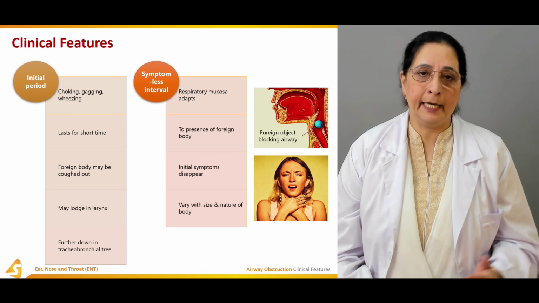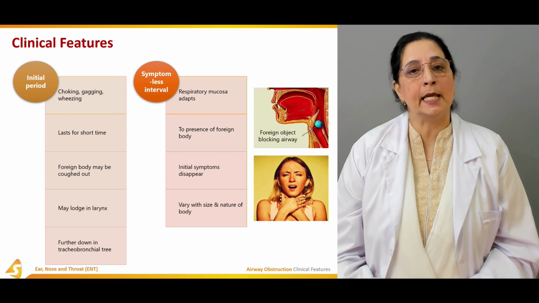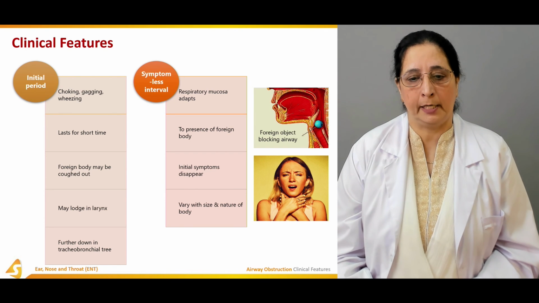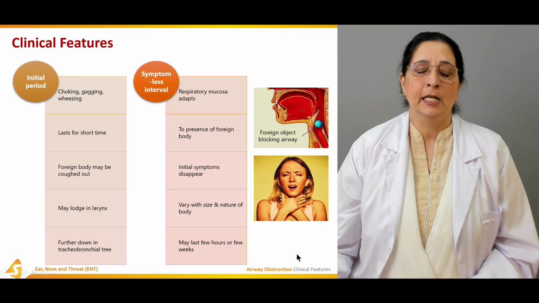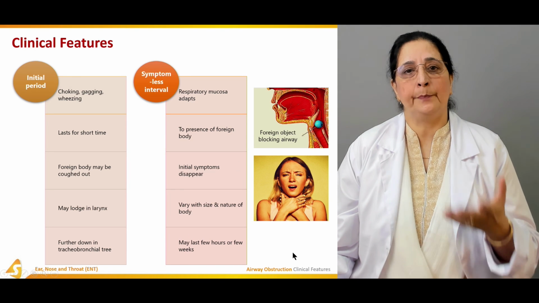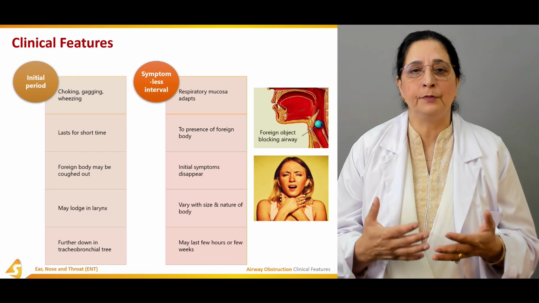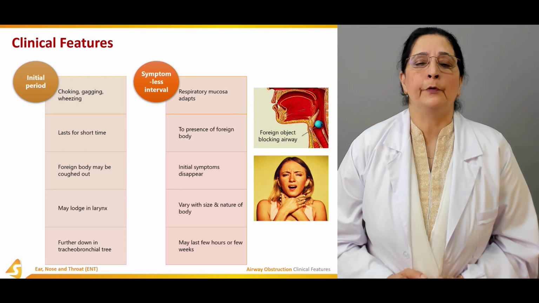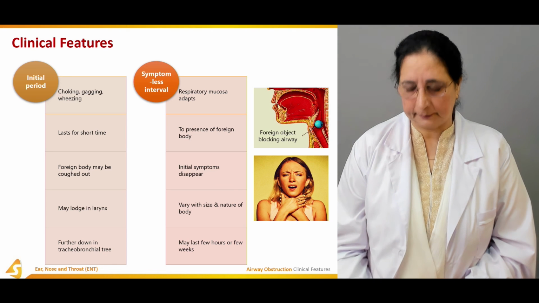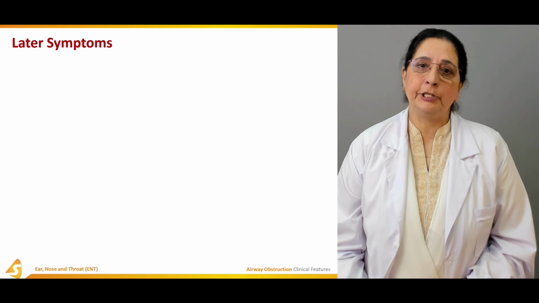It varies again depending on the size and nature of the foreign body. It may last a few hours or a few weeks. So the symptomless period is the period when the body adapts to the presence of the foreign body and no symptoms are produced in this phase.